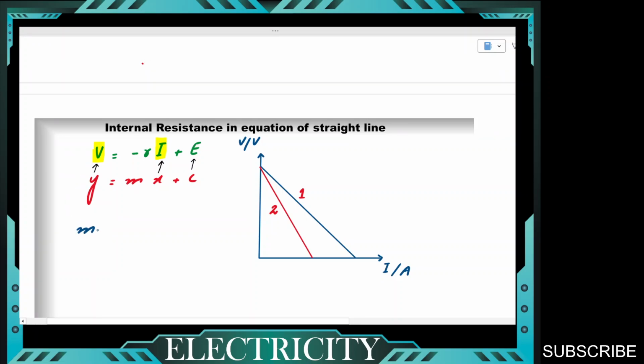That gradient, as you can see through the equation of a straight line, equals minus R. Likewise, the y-intercept equals E. So this is your value of E, the EMF of the battery, the rated EMF, but we are not going to get the terminal voltage equal to the EMF that is rated on the battery. For the same reason, because there would be a potential drop in the internal resistance of the battery also.